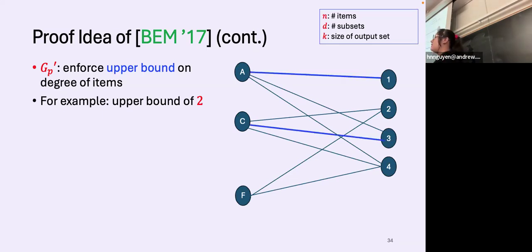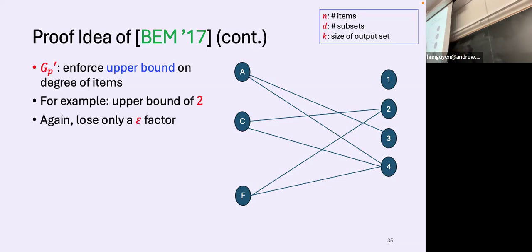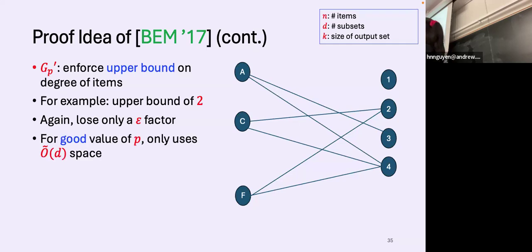So these are the edges I'm going to delete. And now you can see I've kept 2 edges from each item, and now this is GP prime. Again, you're only going to lose an epsilon factor here. And in fact, they show that if you pick a really good value of P, you will only have O tilde of the edges.